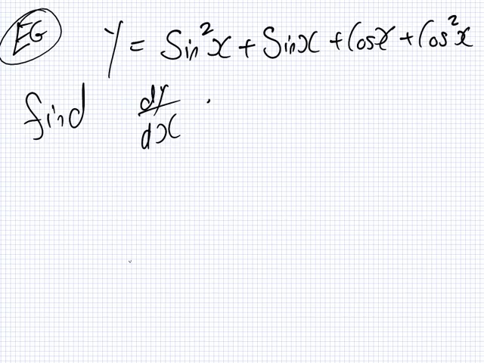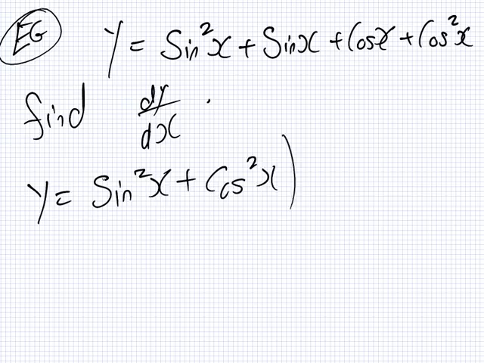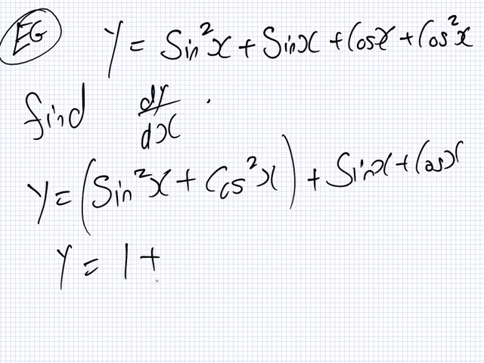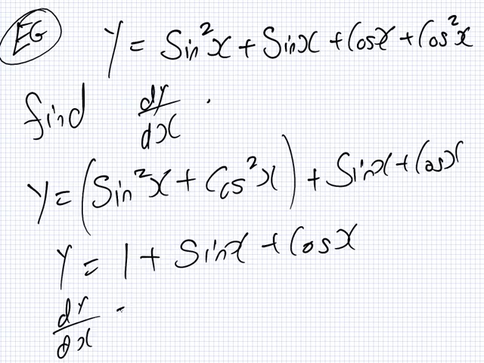Because what you can do here is change this into y equals sine squared x plus cos squared x, of course, plus sin x plus cos x. Now you might remember, what's sine squared plus cos squared? 1. And what's the derivative of 1? 0. Then sin x gives cos x, and cos x gives minus sin x. So this is the answer here.